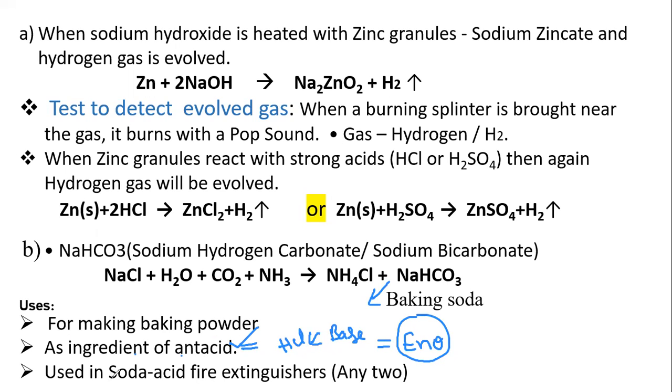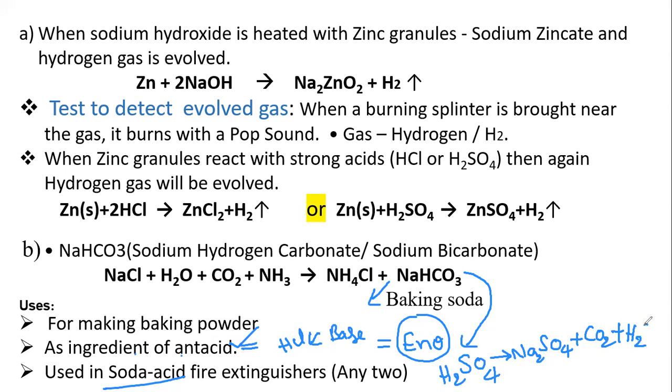After that, it is used in the soda acid fire extinguisher. What is a soda acid fire extinguisher? This is sodium bicarbonate with H2SO4, sulfuric acid. Whenever you treat sodium bicarbonate with sulfuric acid, we will get the products sodium sulfate, Na2SO4, plus carbon dioxide plus water.